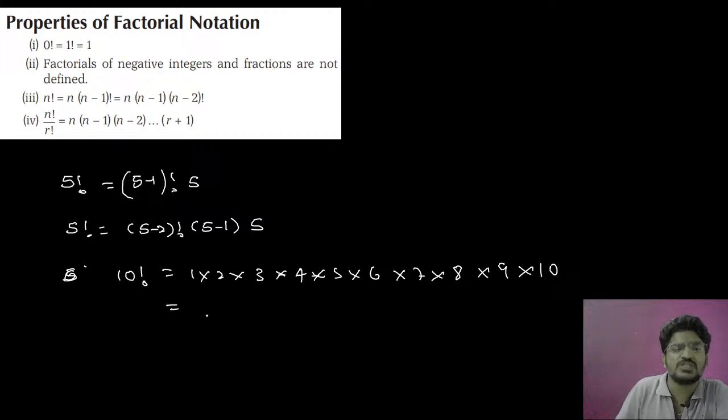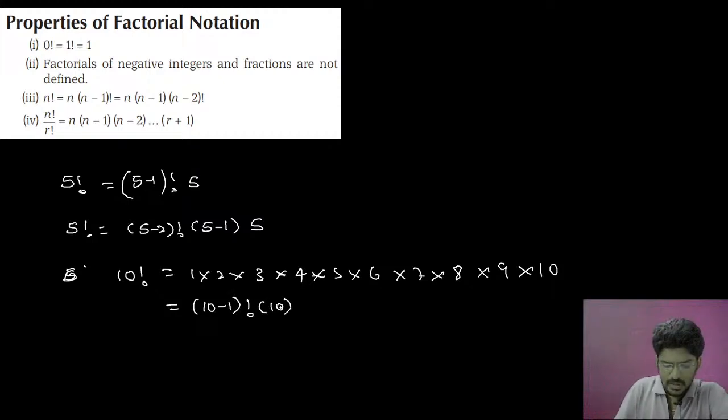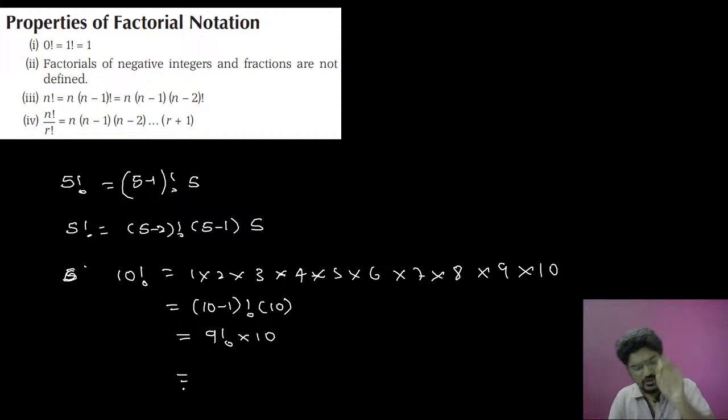The same thing can be written as 10 minus 1 factorial into 10. 10 minus 1 factorial means what? 9 factorial into 10. 9 factorial means 1 into 2 into 3 into 4 into 5 into 6 into 7 into 8 into 9.